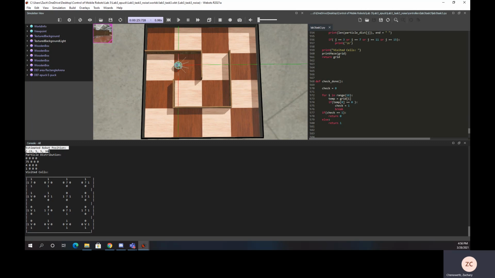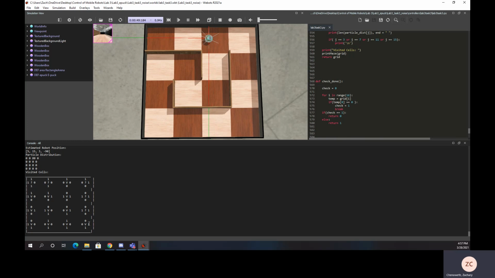That's why we're printing the cells. And each of our motions has some noise, so that's why you see it's not 80 like it was before, because we have some chance that the robot didn't actually move. And then you can see all of our visited cells.